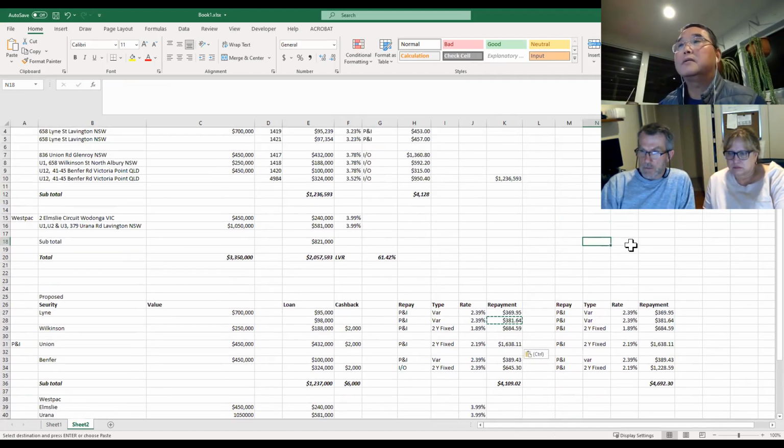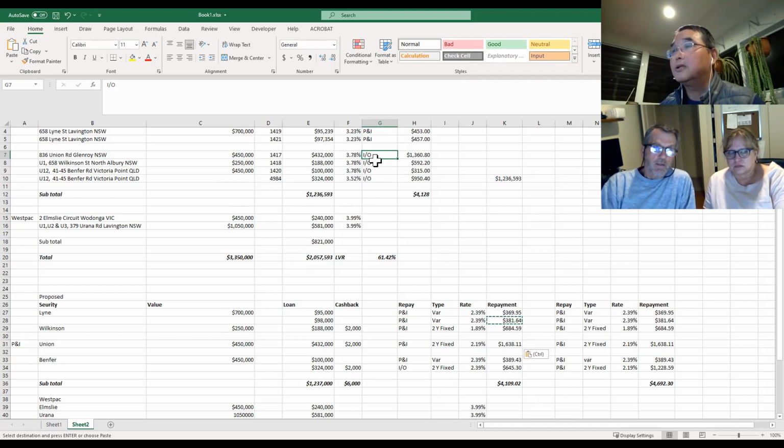However, let's just bear in mind, Anthony, when this fixed rate loan's interest only period expires, they will go up, yes, but then we would probably look at renegotiating.